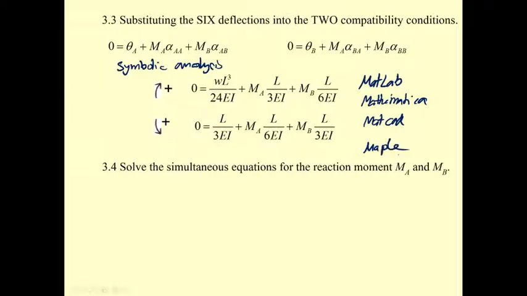You solve simultaneously, you will get this one, and I believe there's going to be a negative sign for this because all of them are positive, so this is supposed to be negative. The PowerPoint should be wrong.